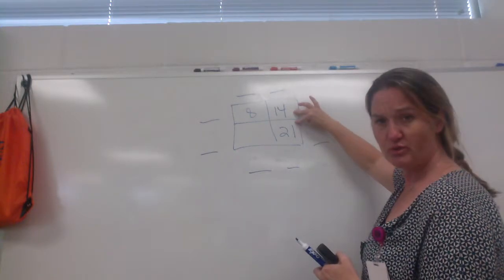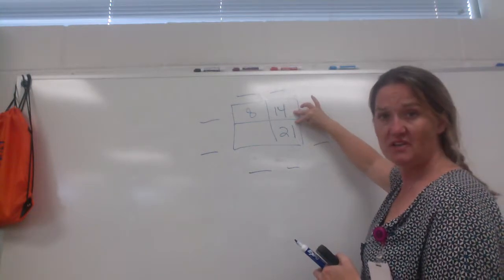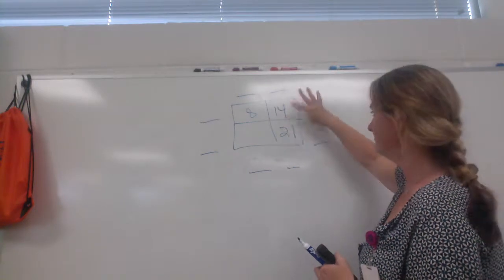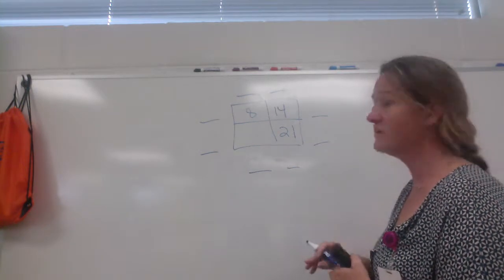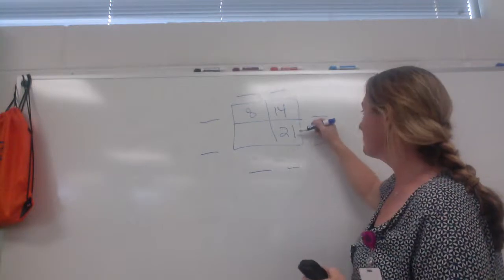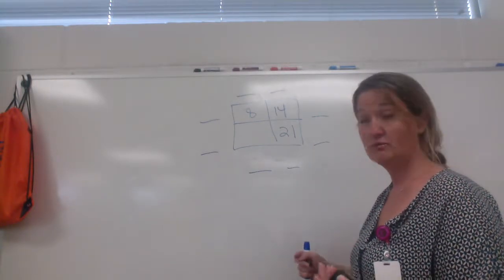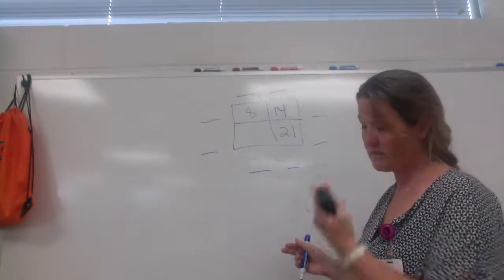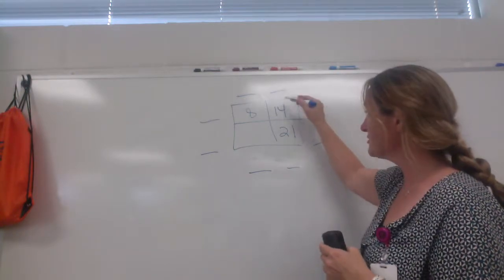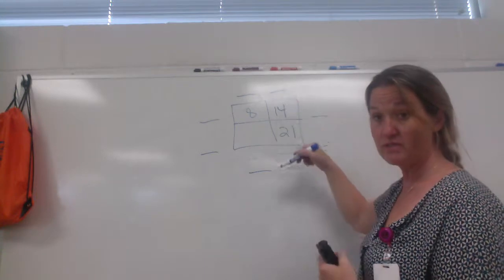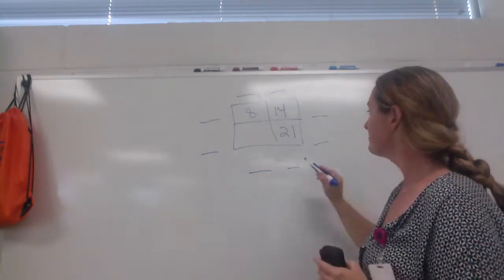Let's go to 14 and 21 just because there's not going to be too many factors of 21. Let's start with 21. What are factors of 21? Well, 1 and 21, and 3 and 7. That's it, okay? And I'm reasonably sure 1 or 21 is not going to go into 14, so let's really focus on 3 or 7.